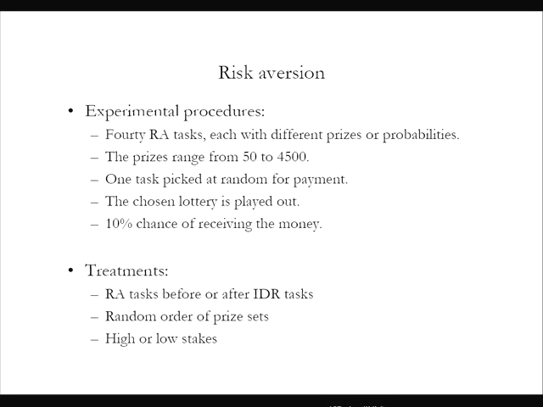We also vary the principal in the discount rate task, so we also want to see if there is increasing relative risk aversion, constant relative risk aversion, or perhaps even decreasing relative risk aversion. So that's why we introduce the high and low stakes also in the risk aversion task.